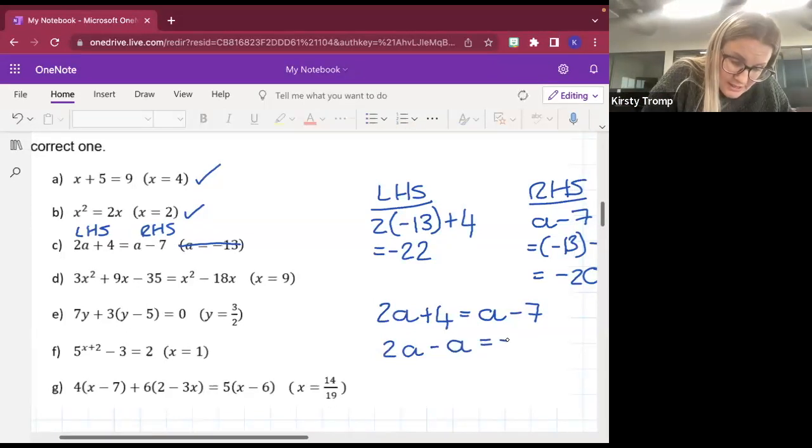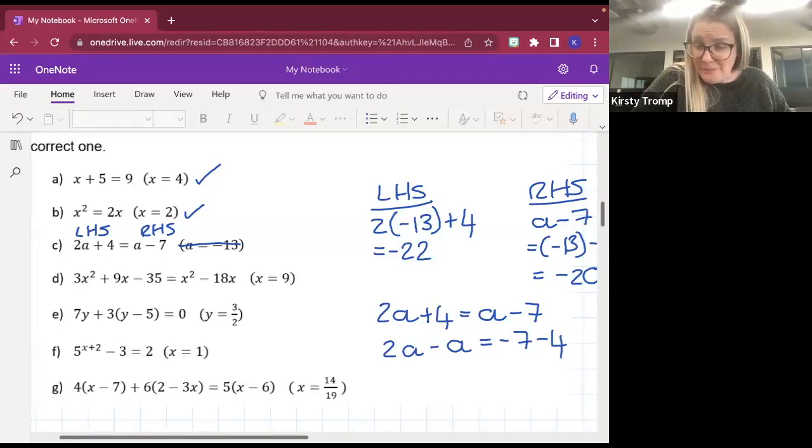I'm going to leave this negative 7 where it is, and I'm going to take this 4 across to the other side. When I take this 4 across, it becomes negative 4. Then I'm going to complete my sum. 2A minus A leaves me A. Negative 7 minus 4 will give me negative 11.